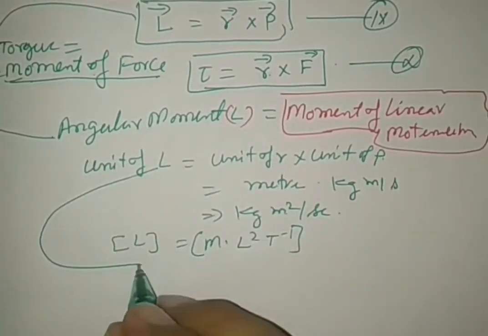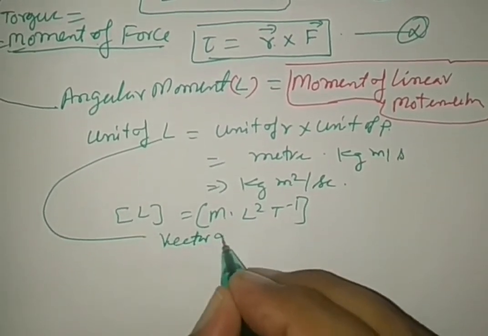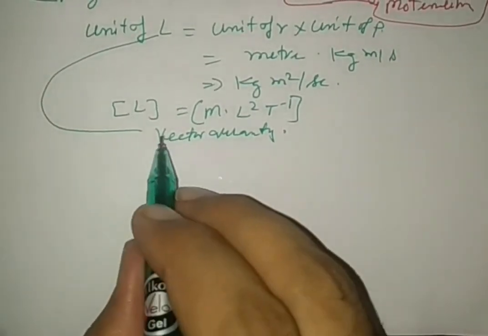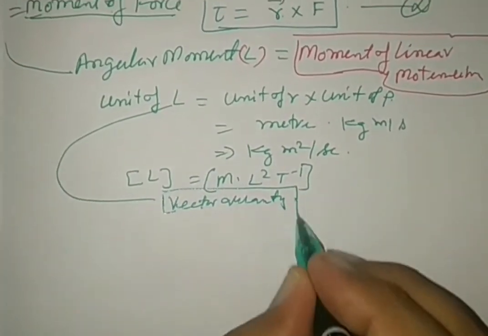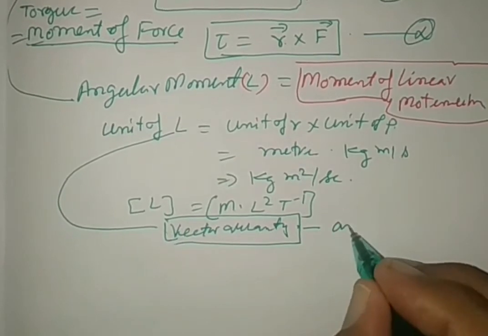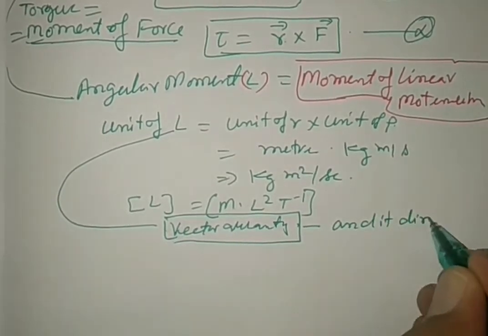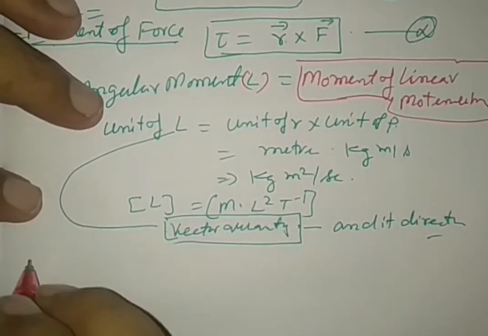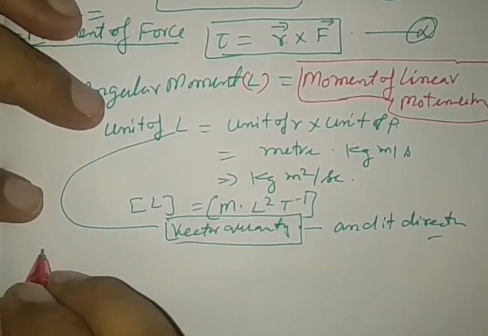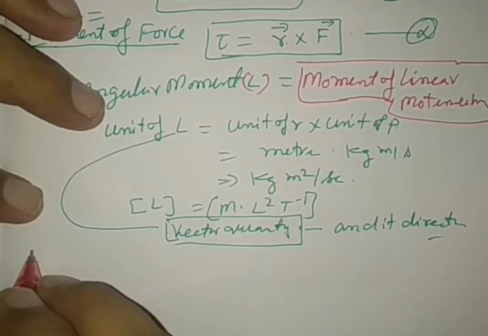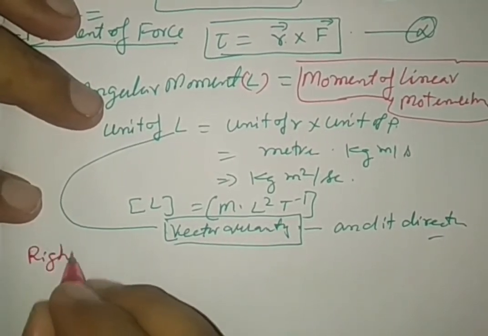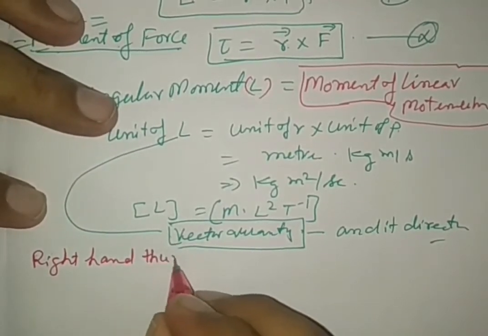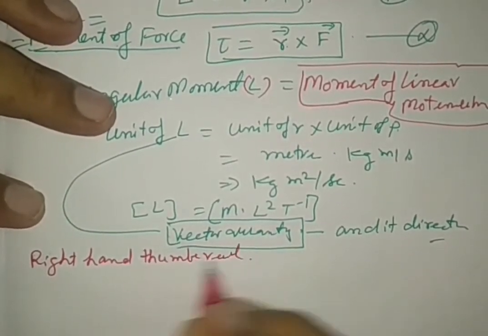Since L is a vector quantity, its direction can be obtained by the right hand thumb rule.